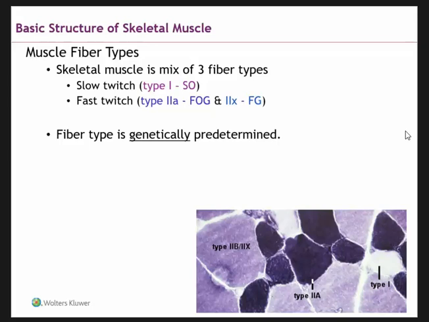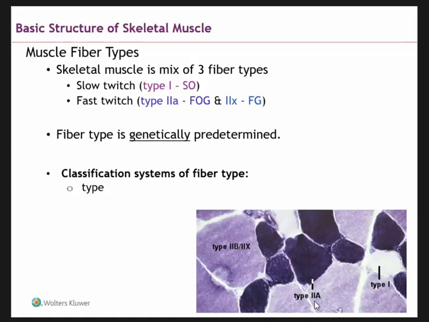So no matter what fiber type we want to possess, it's based on genetics. It's established shortly after birth, so you'll get a mix of what your parents had. But also, skeletal muscle is just a big mixture of all these different types throughout the body, and you can see that. Let's talk more about the classification systems.